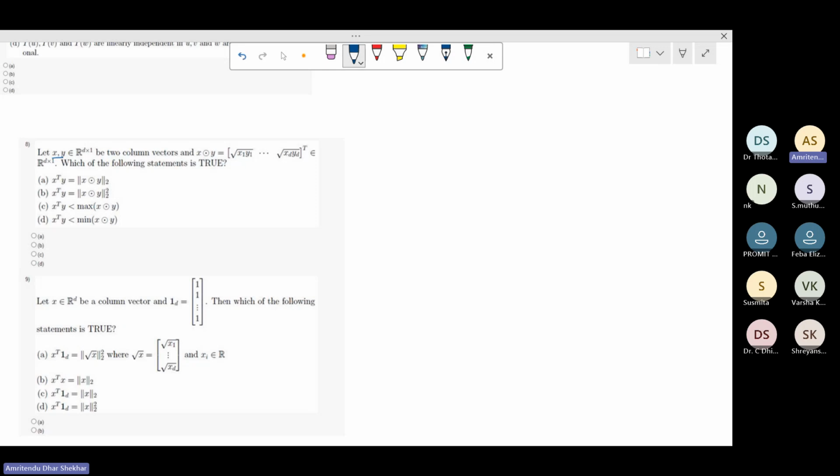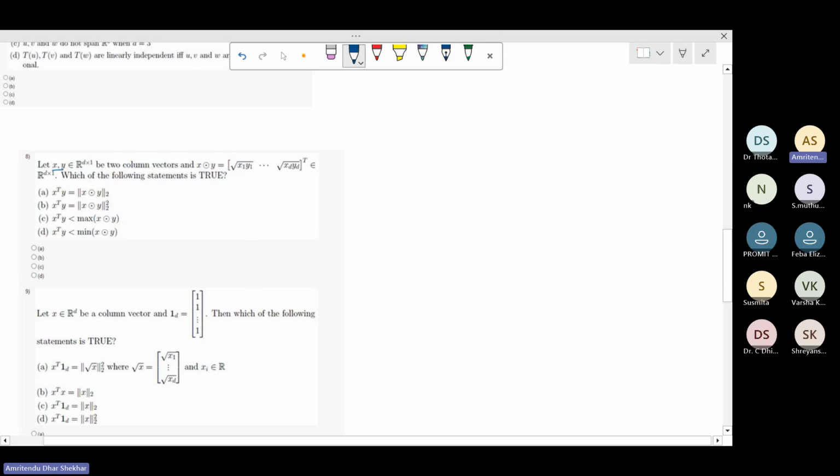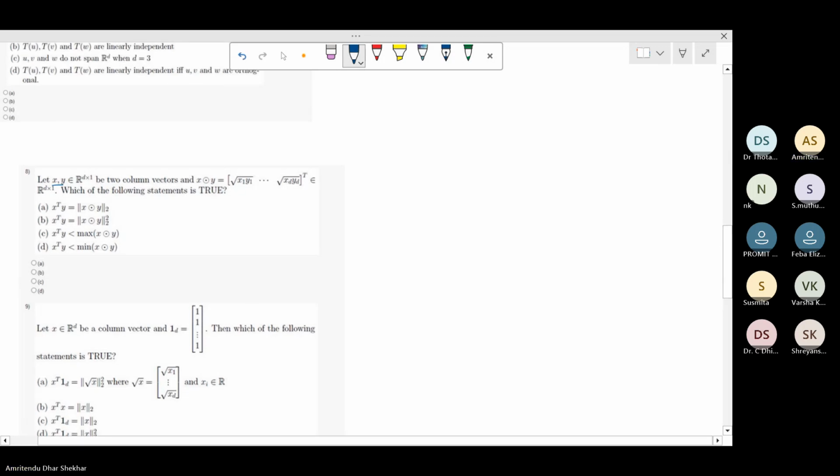So the natural equivalence is between column vectors and d cross one matrices. Let me just quickly write it down. Let R d comma one denote d cross one column vectors or column matrices.